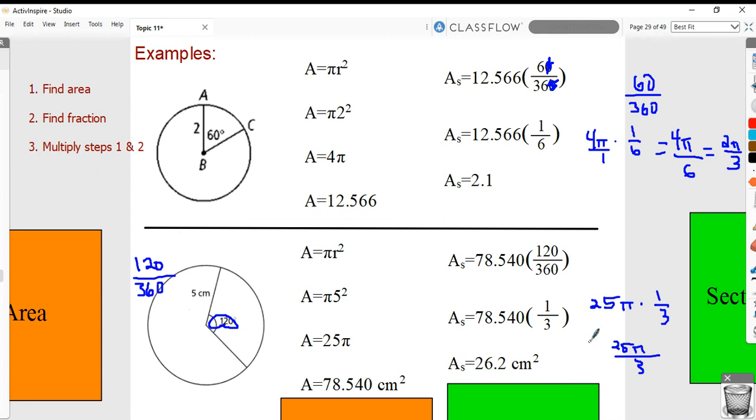Think about what this 1/3 represents also. When we look at this slice of the circle, you can recognize that if this was a pizza, this would be a very large slice, right? This would be a great big old wide slice of pizza. But if this angle is 120 degrees, that's 1/3 of a full rotation.